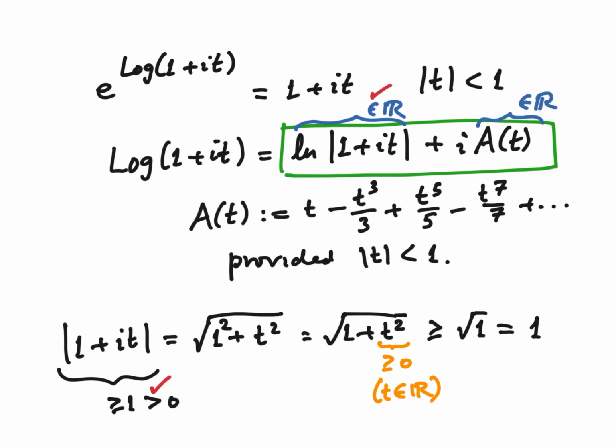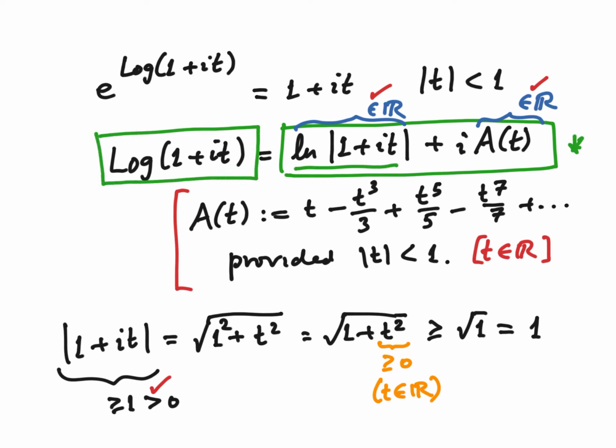And then also A of t is a real number. Because if you just look at the series, t is real, and so are all the powers of t. So all the terms of that series are real, and it converges to a real sum. The reason I'm emphasizing that is because I want to make it clear that when we write this breakdown of this log, this is the real part of that complex number, and this is the imaginary part of that same complex number.